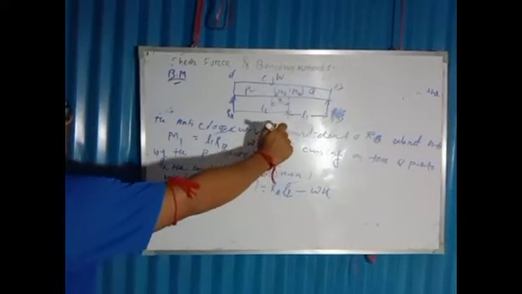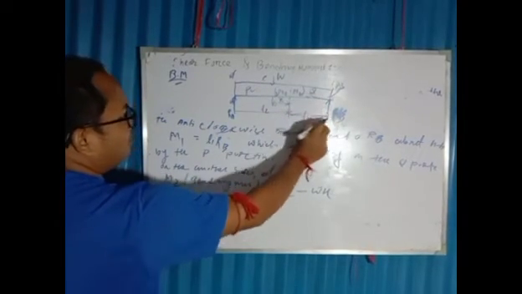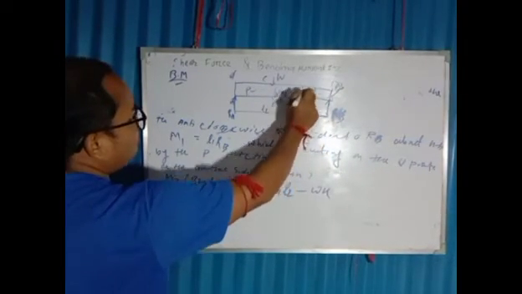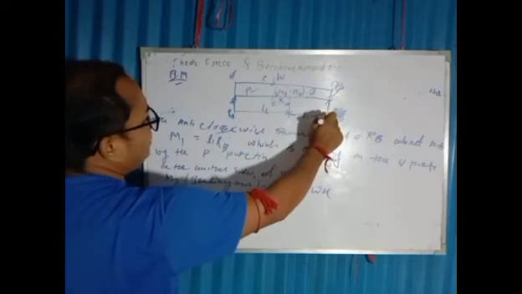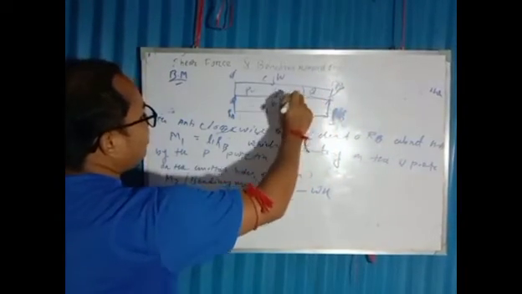First of all, we find the Q section. The moment of this section is the bending moment of the section. Only one force is acting, RB. So L1 into RB is M1.